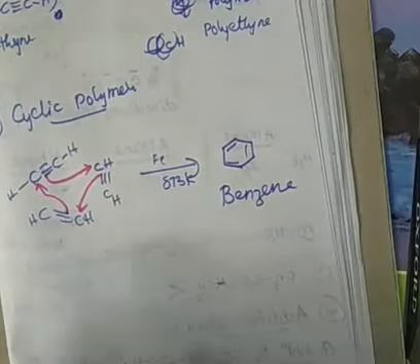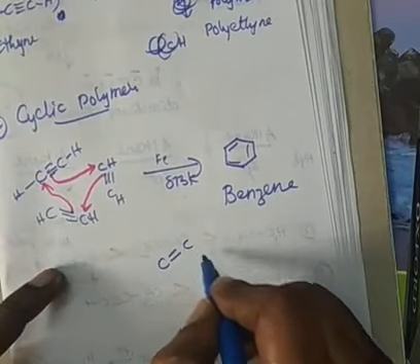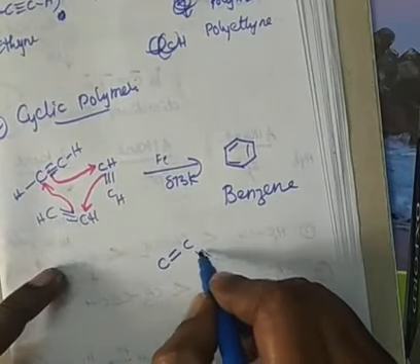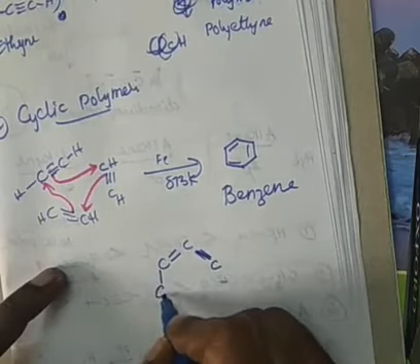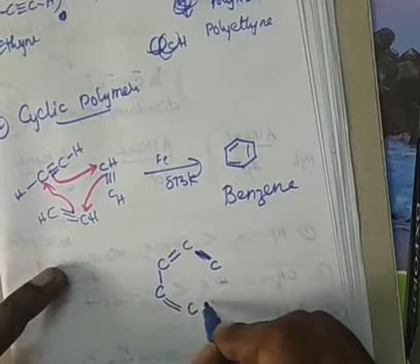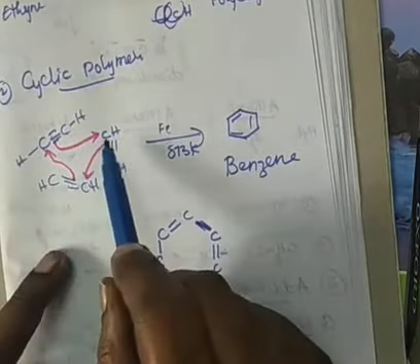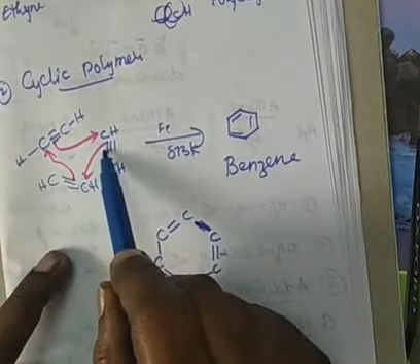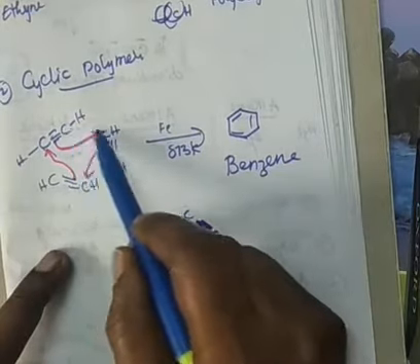Let me write directly what I have written here. It should be a single bond C, a single bond C, a double bond C, a single bond C, and a double bond C. Look, it has removed a double bond, so a single bond is left over, and here it is a single bond.